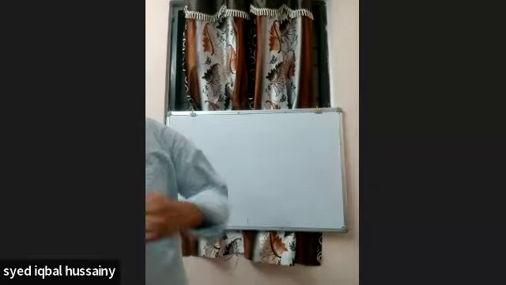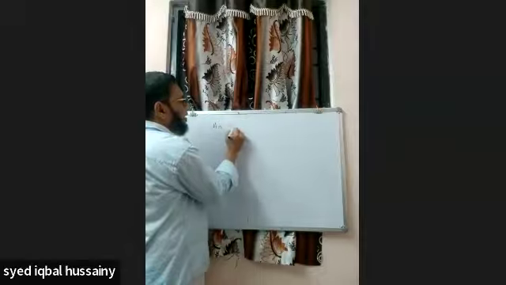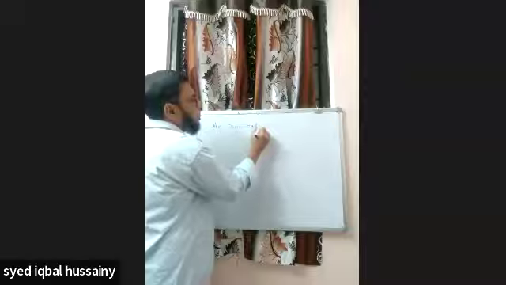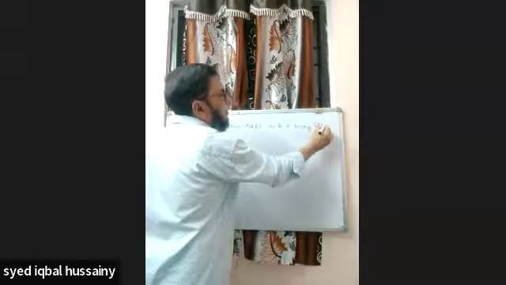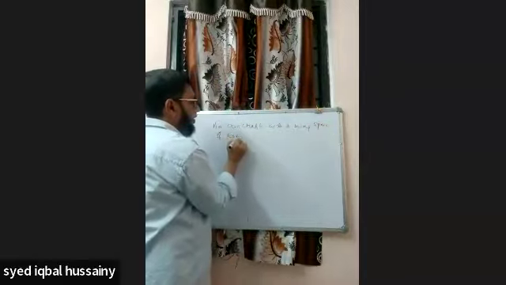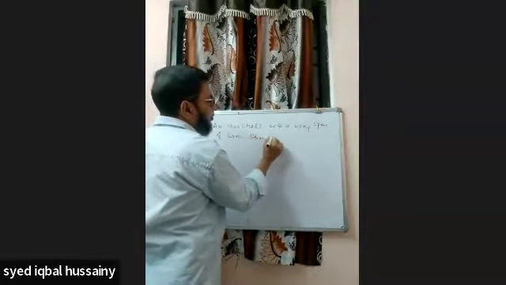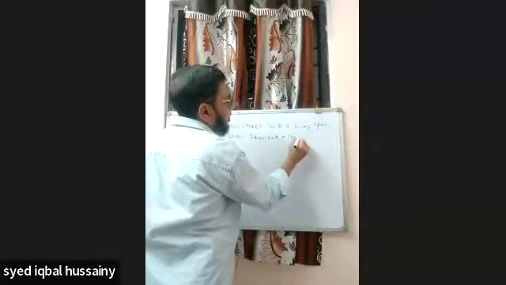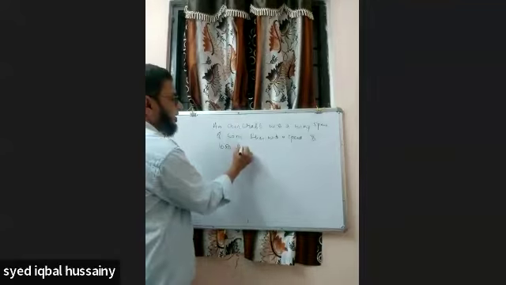Very simple numerical. An aircraft with a wingspan of 40 meter. Note down. CBSE question. An aircraft with a wingspan of 40 meter flies with a speed of 1080 kilometer per hour.